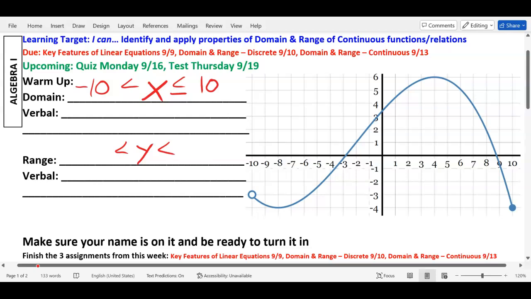So next one, range. We're going to do which direction for range? Domain was left to right, so range is something different, which would be what?